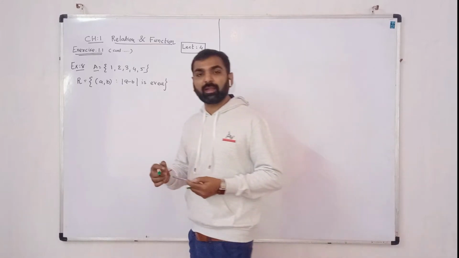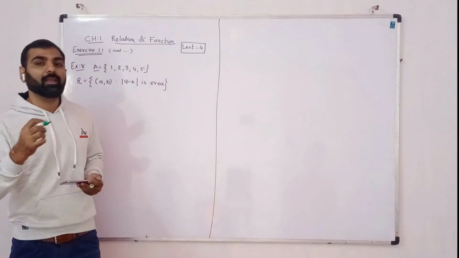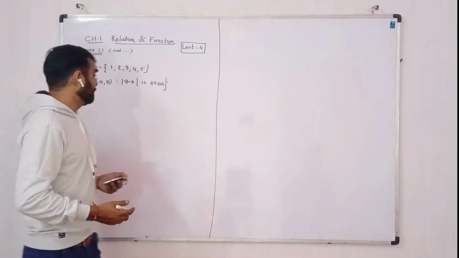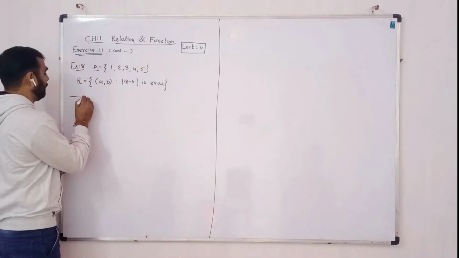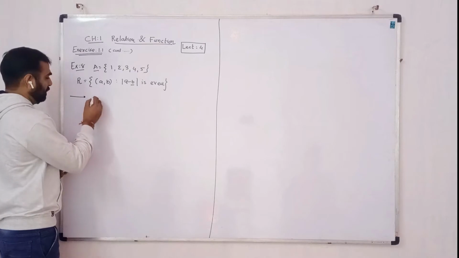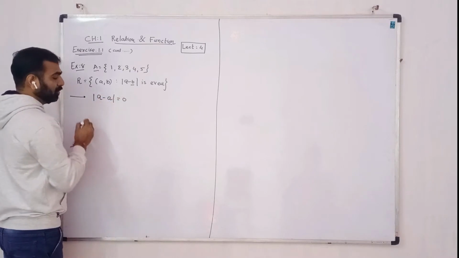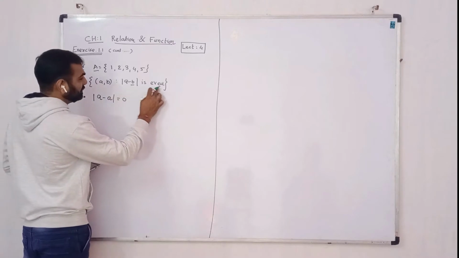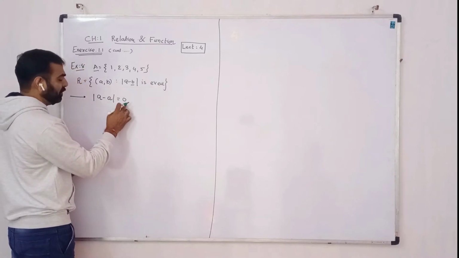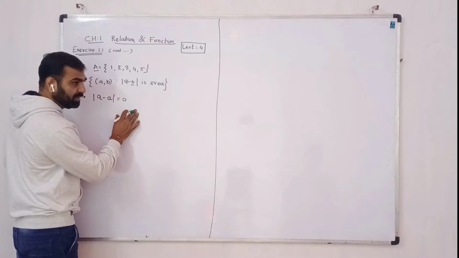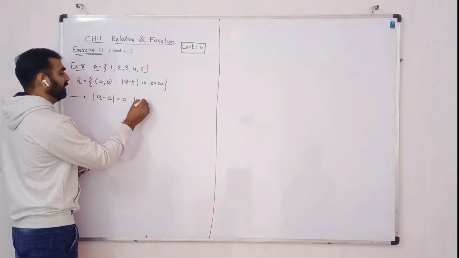For reflexive, we need (a, a) belongs to R. So B is replaced by A. Modulus of a minus a is equal to 0. Is a minus b even? a minus a is equal to 0, and 0 is even. Yes, it is even.